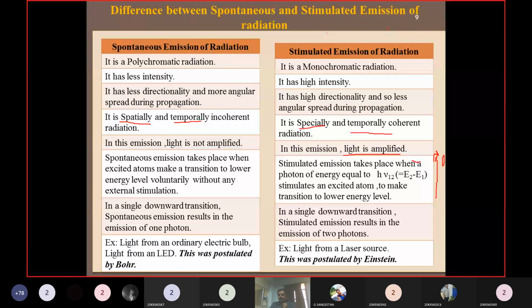If you stimulate them with a photon of the same energy as the band gap energy, this photon stimulates the two electrons, and three photons will be emitted at a time. All of them move in the same direction, with the same phase and the same frequency, in the case of stimulated emission.